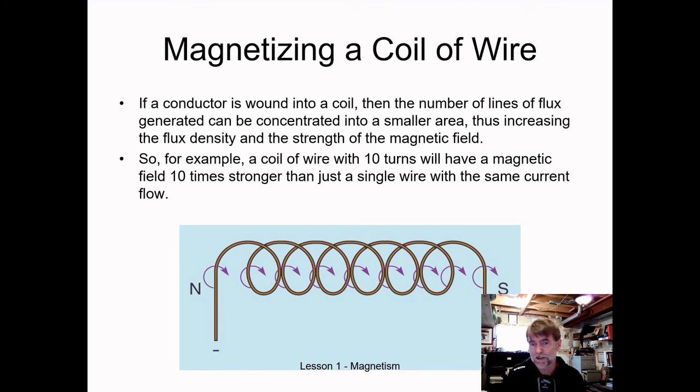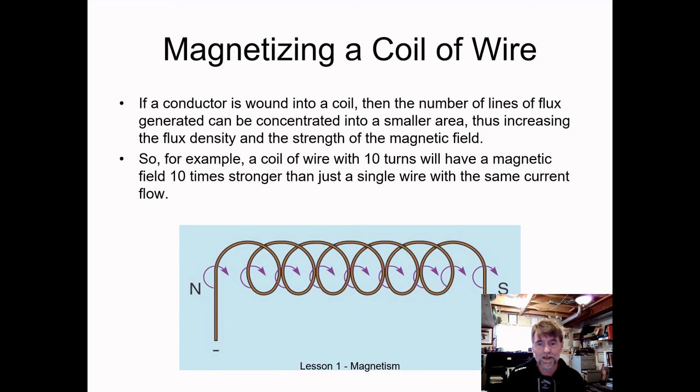So if we take that much longer wire and we scrunch it up together so that everything is denser, we bring everything together into a smaller space, it magnifies everything. And so we do that by taking the wire and coiling it up. We create a coil.